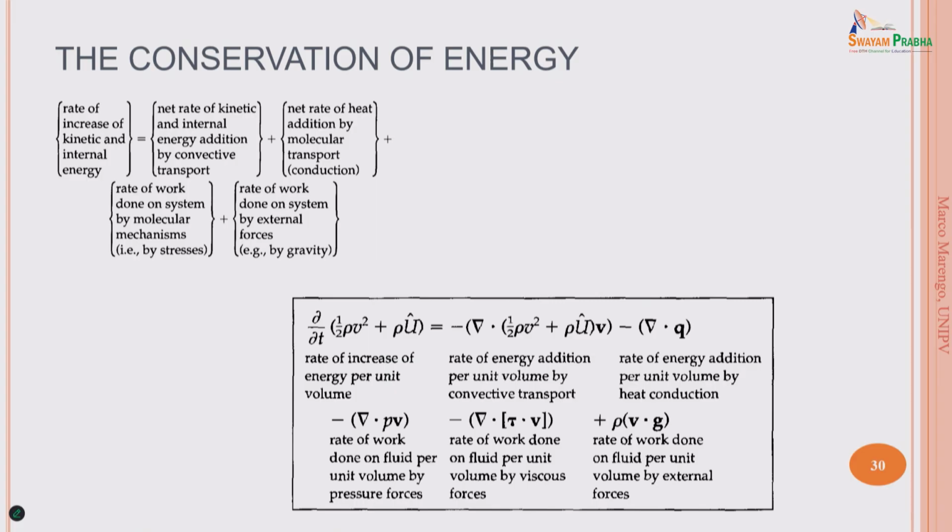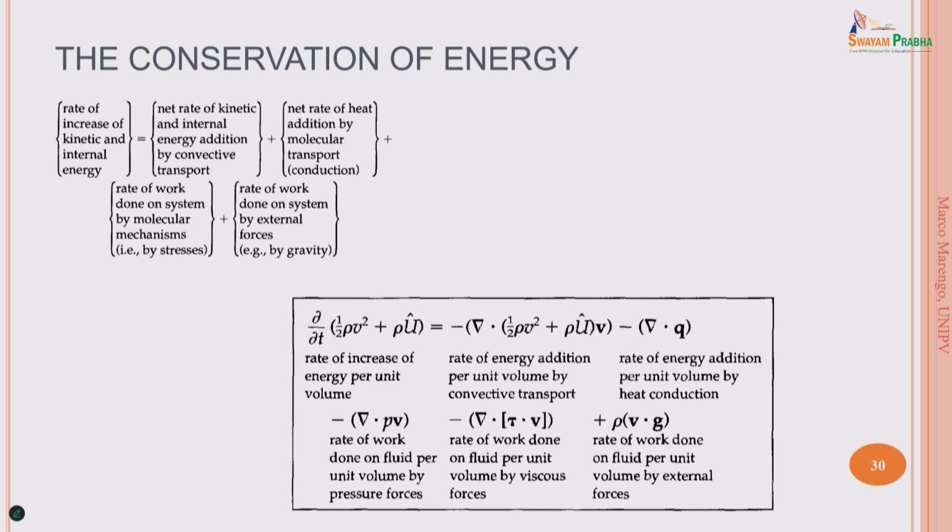So we can write down this sentence. I'm not repeating the demonstration. It's very similar to what we have done until now. Only that now we have u plus 1/2 of v squared to transport instead of a phi. But at the end, the demonstration is very, very similar.